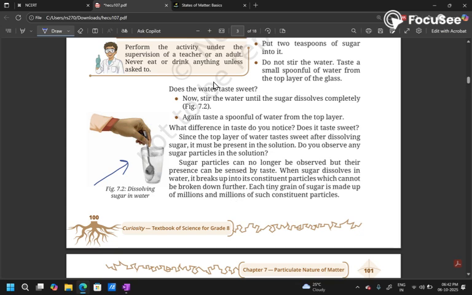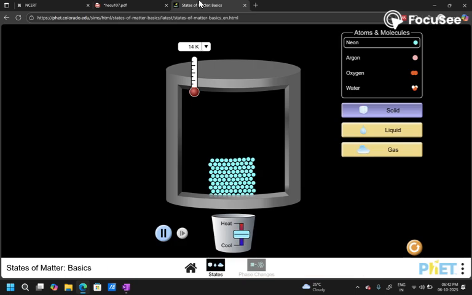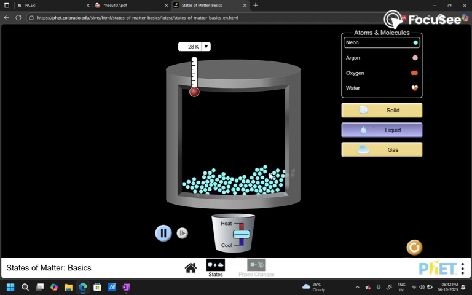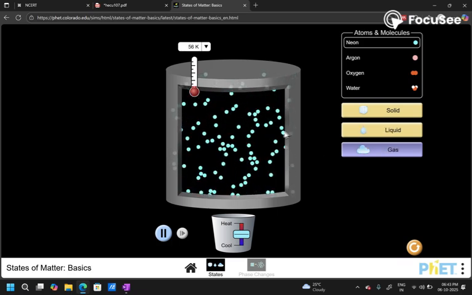The reason behind this is that when I talk about the state of matter, that is liquid, I can very easily see in this representation here that in solids, the constituent particles are close to each other. When I move to liquids, they are a little spread apart. They are a little far away from each other, whereas in case of gases, they are the farthest.